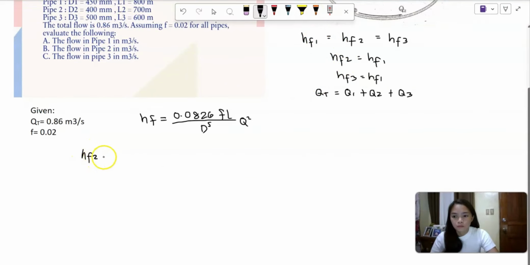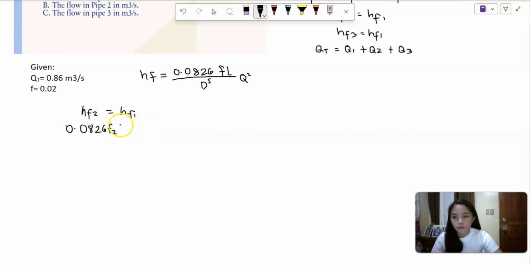So 0.0826 F2 L2 over D2 raised to 5 Q sub 2 squared is equals to 0.0826 F sub 1 L sub 1 over D1 raised to 5, then Q sub 1 squared.